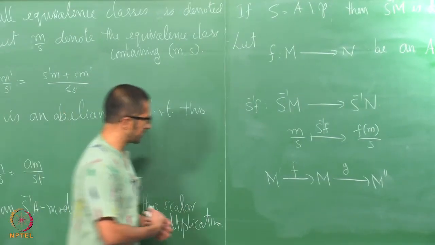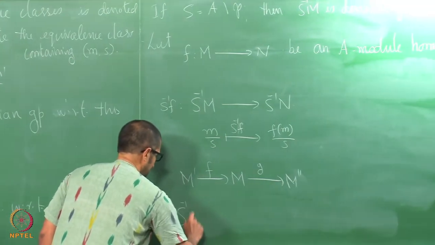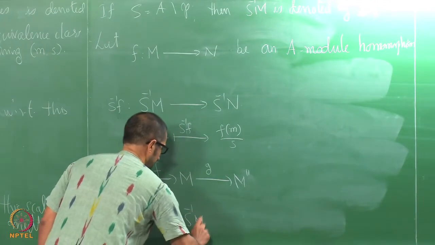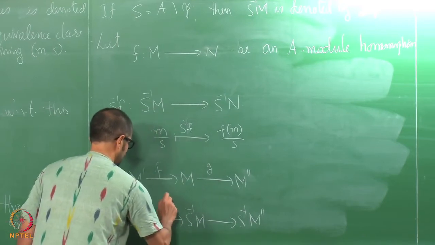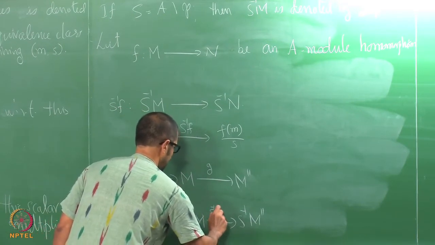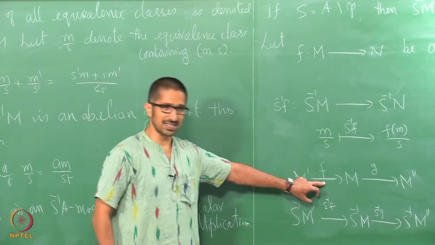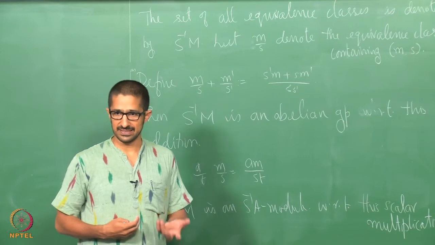Then corresponding to this I have a sequence S inverse M', S inverse M to S inverse M''. This is S inverse f and this is S inverse g. Suppose this is exact, can we say this is exact? Right? Natural question.